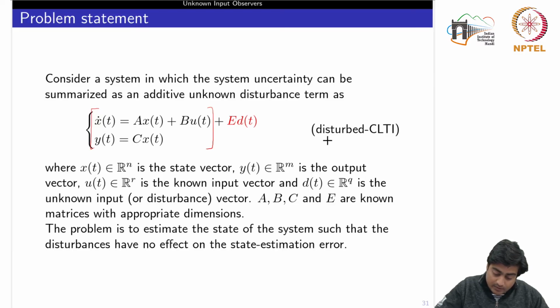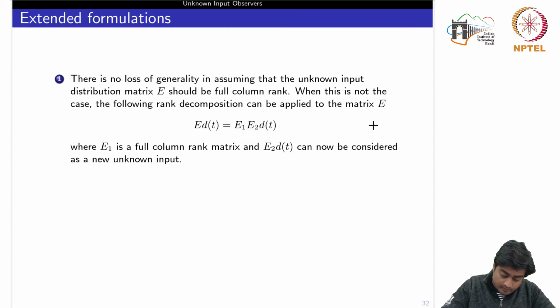This formulation, which we have labeled as disturbed CLTI, is pretty much a generic formulation. Now one point to keep in mind is that here the distribution matrix E, we have assumed, is a full column rank matrix.